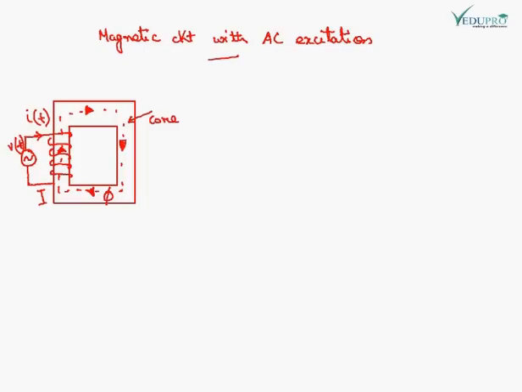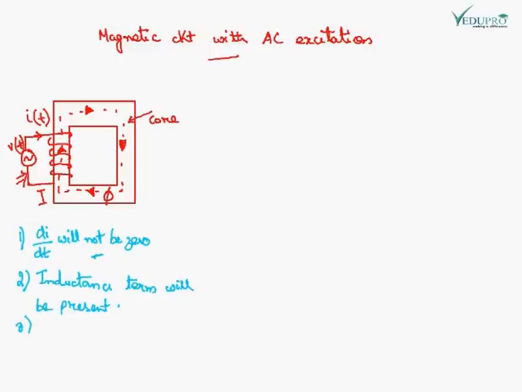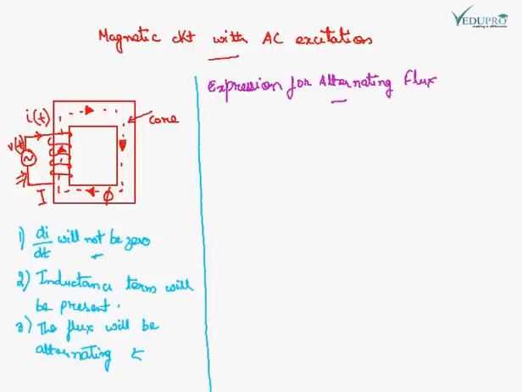The figure shows a magnetic circuit with AC excitation. This is the AC excitation. A few points should be noted in this circuit: di by dt will never be zero because there will always be a change in current due to the AC supply. Inductance will be present here, and the third point is that the flux will be alternating. Now we will derive the expression for alternating flux.